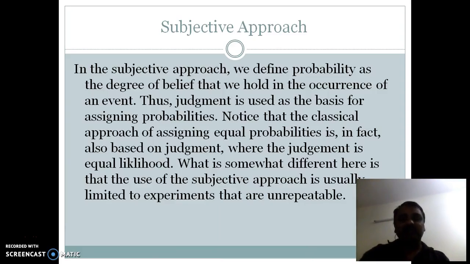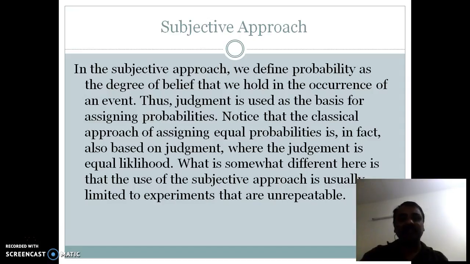Finally, let us see the subjective approach of assigning probability. In the subjective approach, we define probability as the degree of belief that we hold in the occurrence of an event. Thus, a judgment is used as the basis for assigning probabilities.